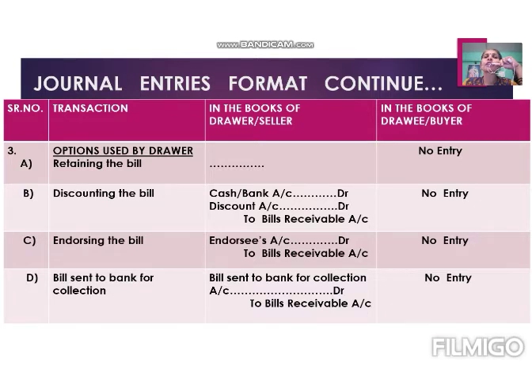Discounting means the drawer hands over the bill of exchange to the bank and gets the amount of the bill from the bank. The bank is not giving the full amount; the bank deducts some amount as discount. If you remember this meaning, you can understand the journal entry.